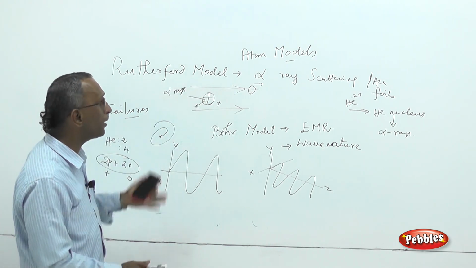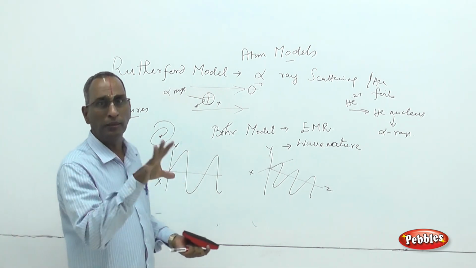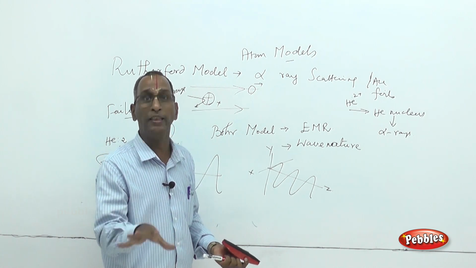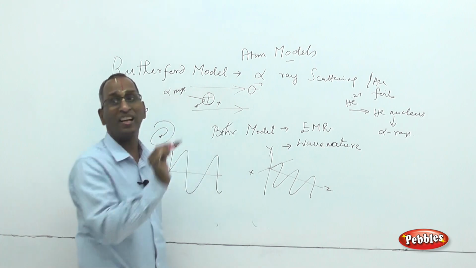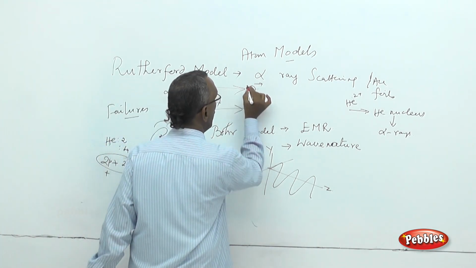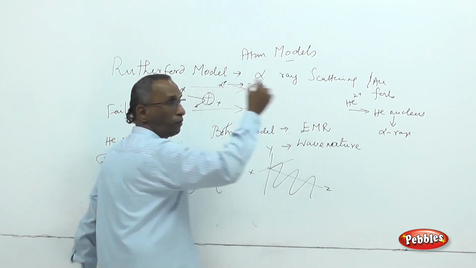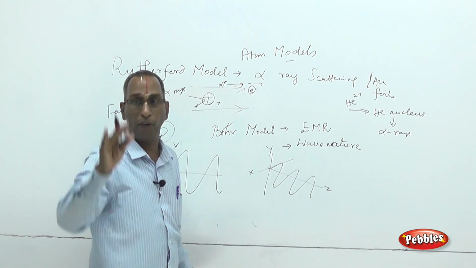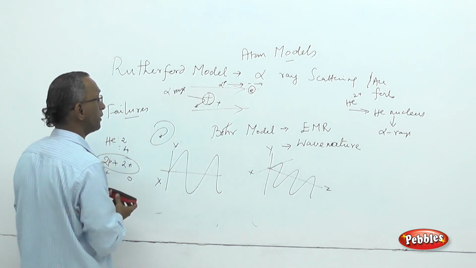Based on this deflection, he came to the valid conclusion that the atom is composed of a positively charged central region called the nucleus. The electron is negative charge, alpha rays are positive charge, and opposite charges attract each other, so they go undeflected. In some regions it goes undeflected, in some regions it is deflected.